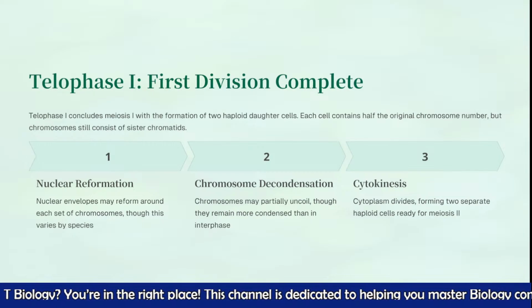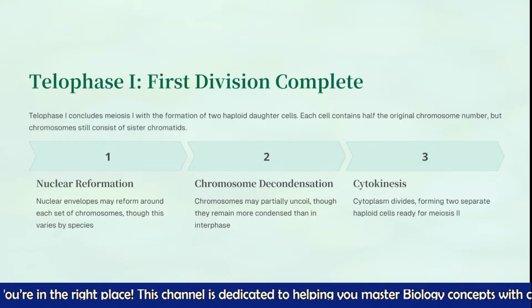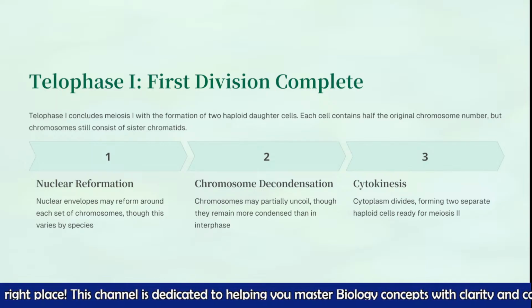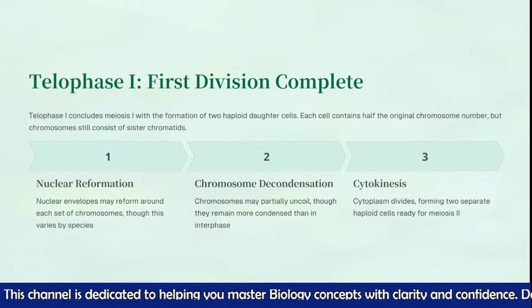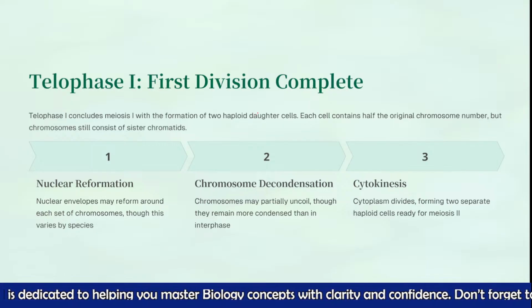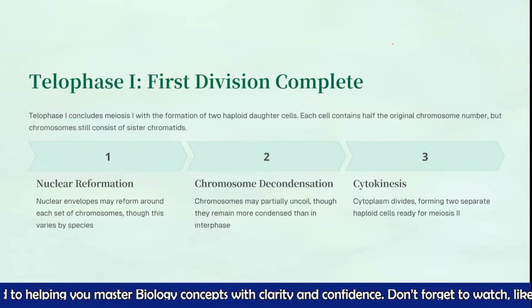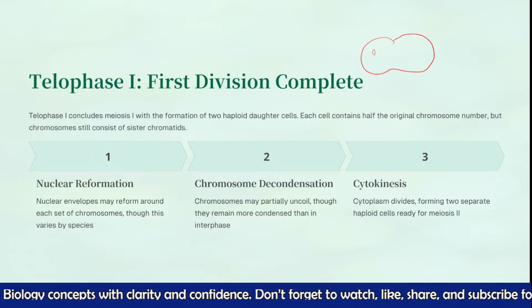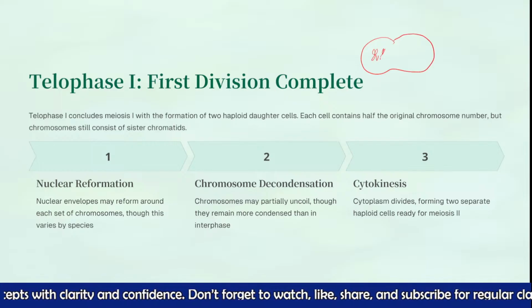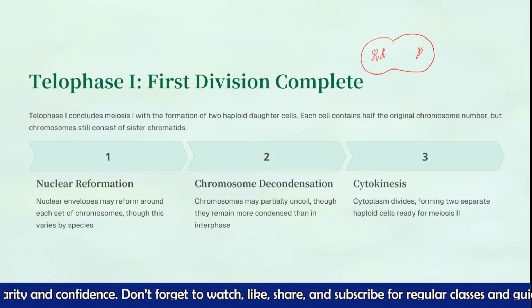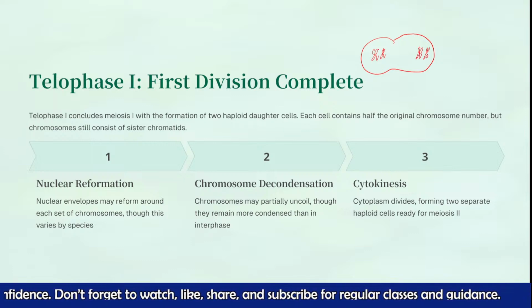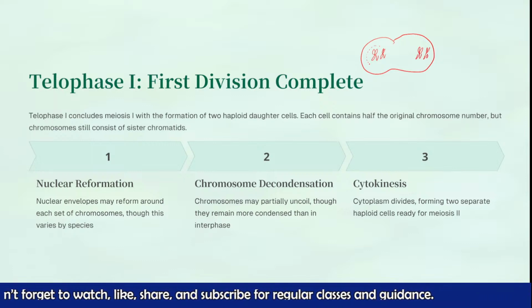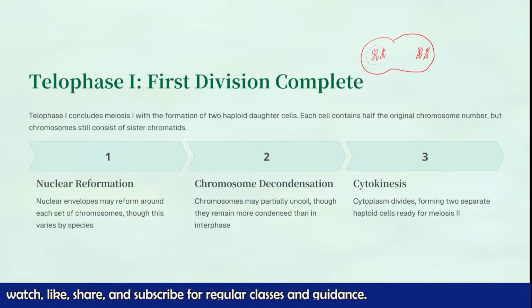Moving on to telophase 1, the beginning of haploid daughter cell formation. In the cell, you can see the chromosomes towards the poles, and then slowly, whatever happened in prophase, the opposite happens in telophase.